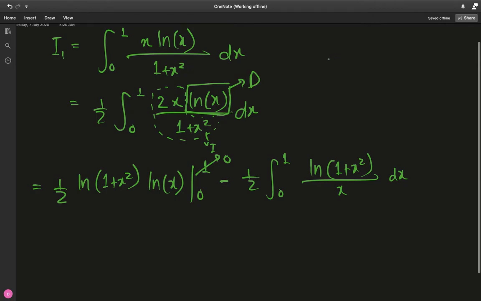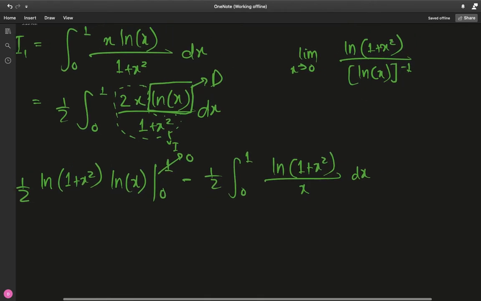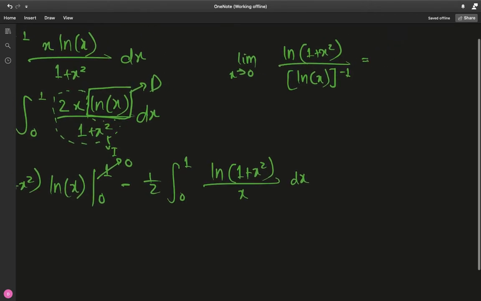So we can write this limit as x goes to 0 of natural log of 1 plus x squared divided by, I can write this as natural log of x to the negative 1 power. And now notice we have a 0 over 0 situation, so we can totally apply L'Hopital's rule.